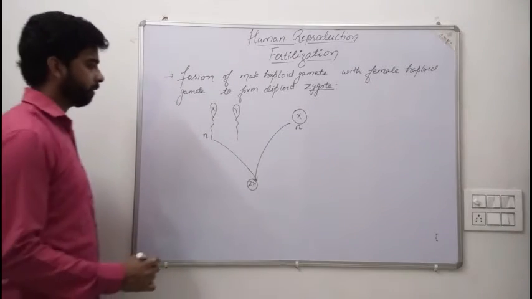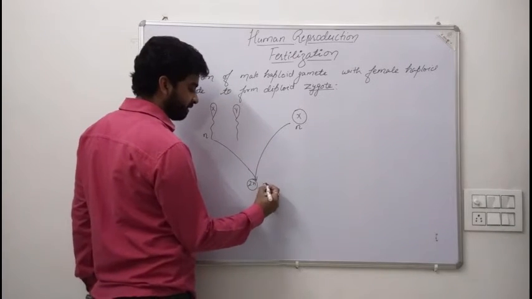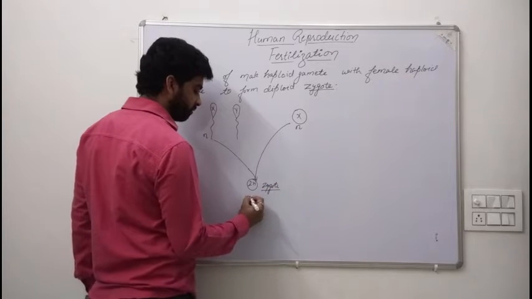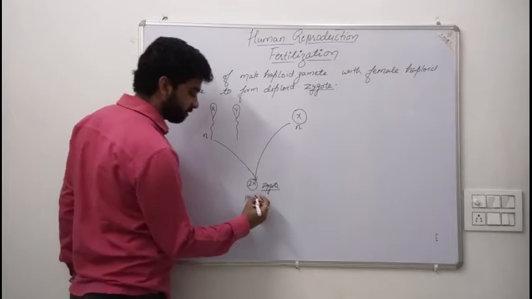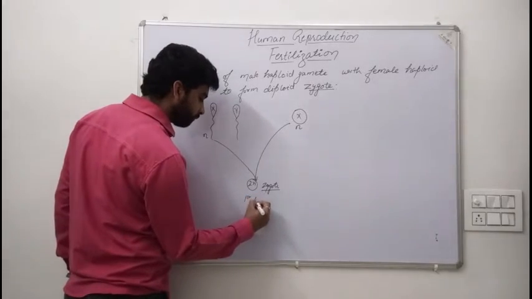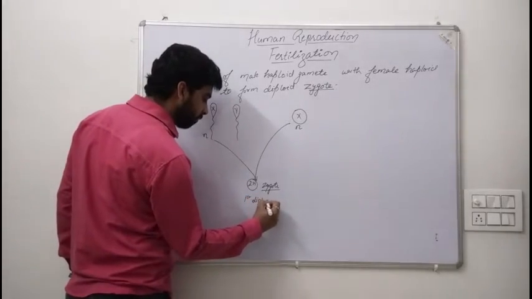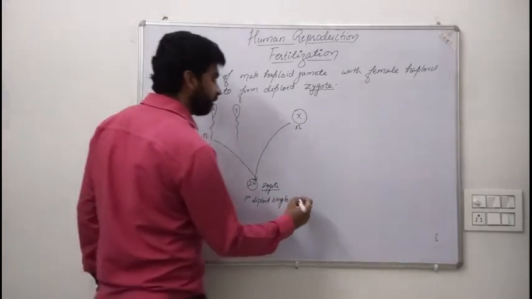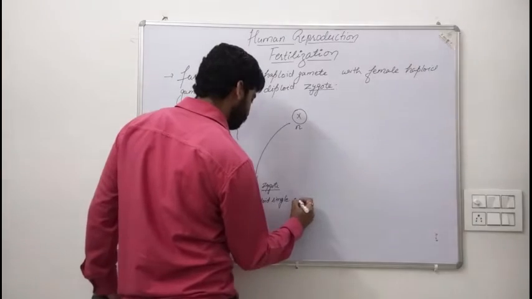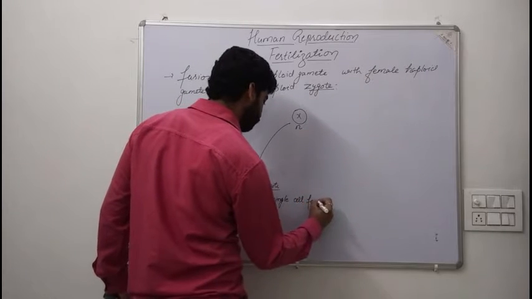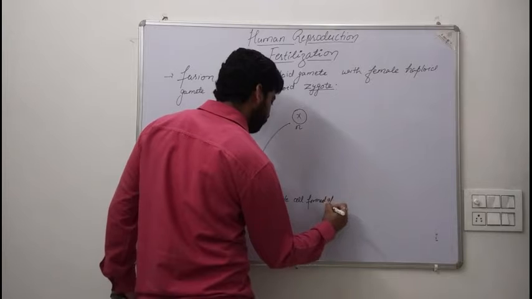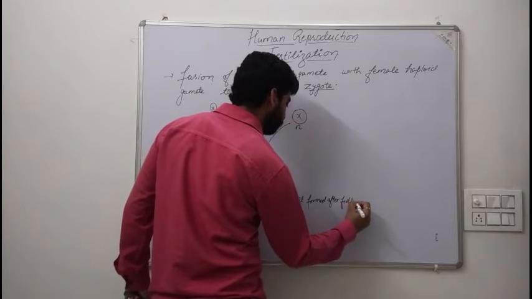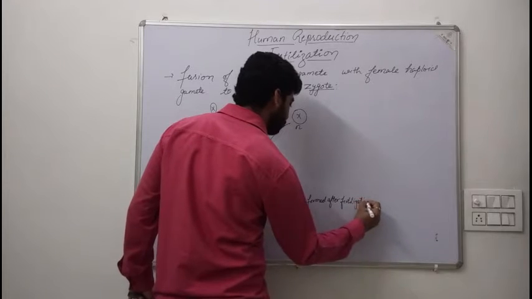Now what will happen here? In a diploid cell, it's a zygote. Means first, we define zygote as the first diploid single cell formed after fertilization.